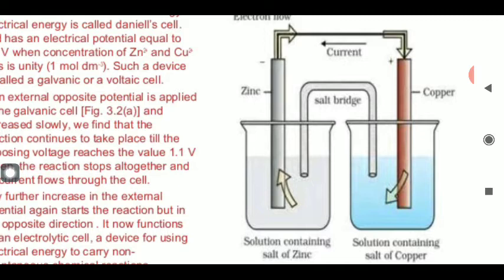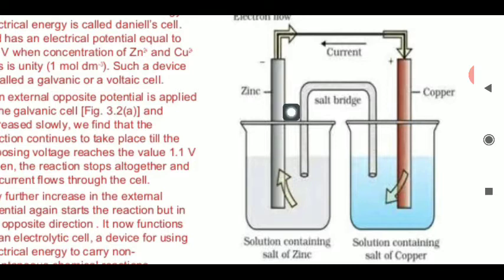So now in this beaker, what is happening? The electrons are liberated from this beaker, which means oxidation is taking place. At this particular end, the copper ions have to take the electrons, and copper starts depositing on this copper electrode. So after some time, you will notice thinning of the zinc electrode.